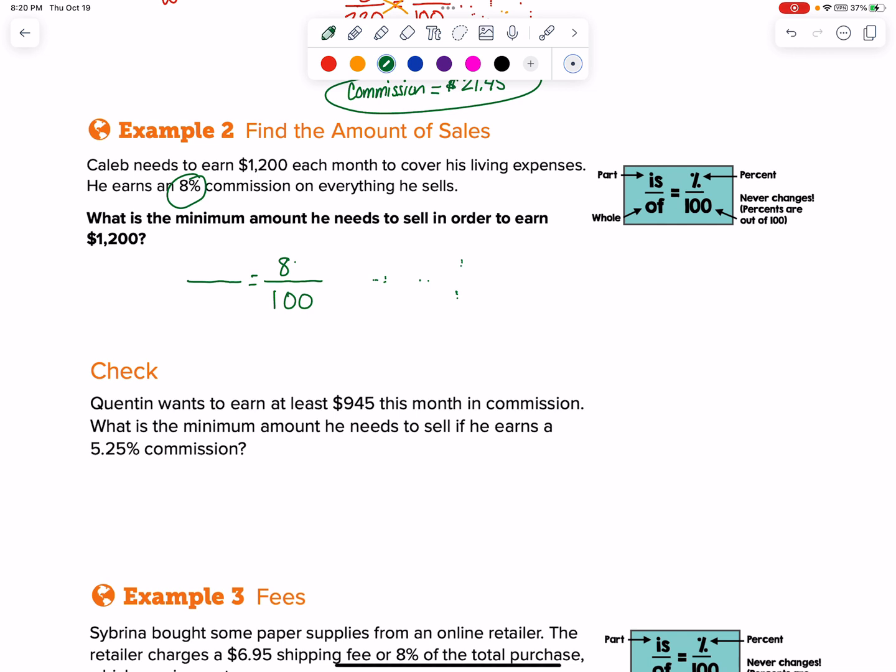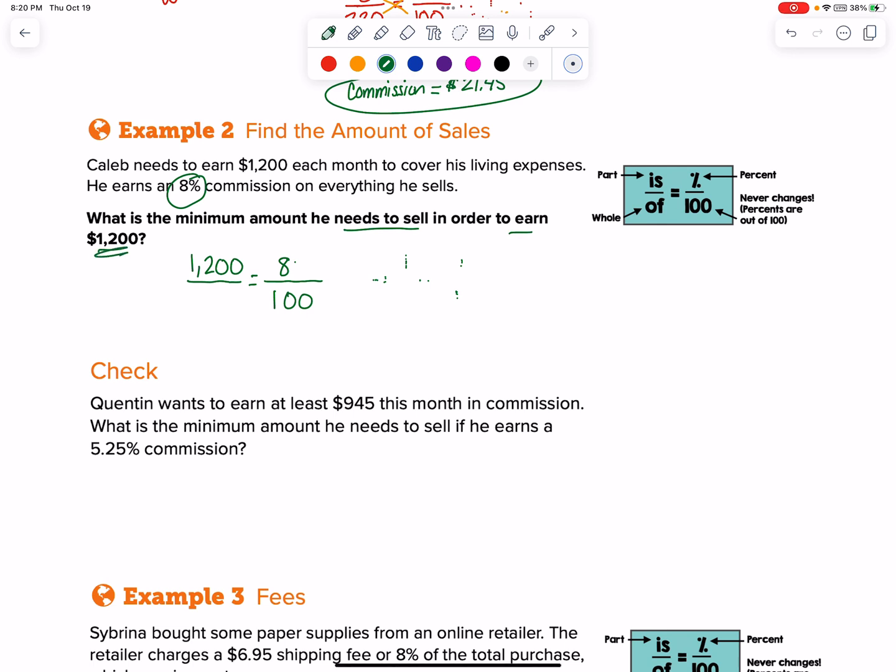For this one, though, they're actually saying that he earns 8%, and we want that 8% to be 1,200. It's the amount he needs to earn from his commission. So that's the one little twist with this one, is the amount he needs to sell in order to earn that.